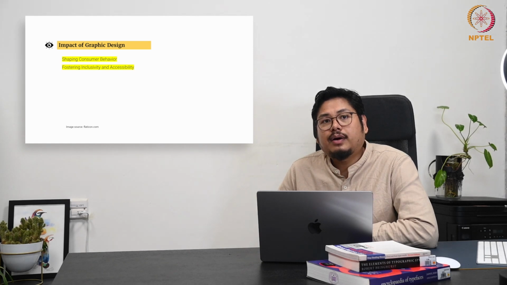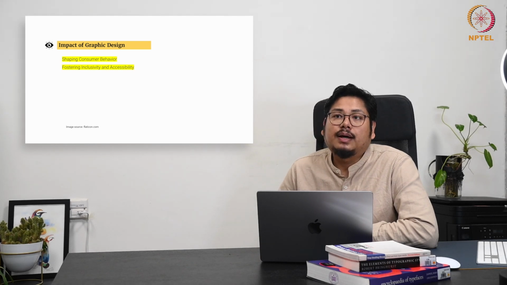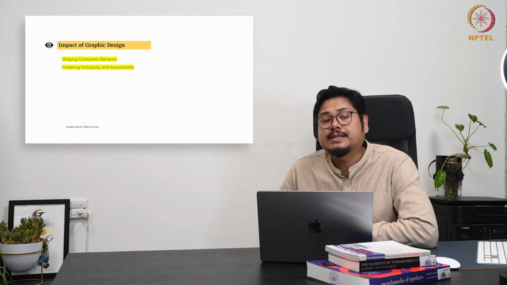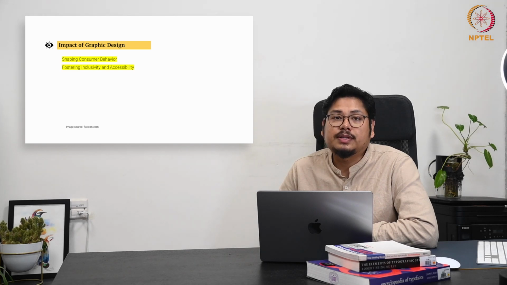So the idea of inclusivity and accessibility is predominantly ignored most of the time. But now we are in that phase where we have to always consider this as designers, to address the solutions more effectively and impact the overall organization or the community in a much better way.